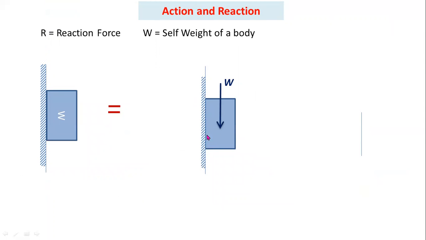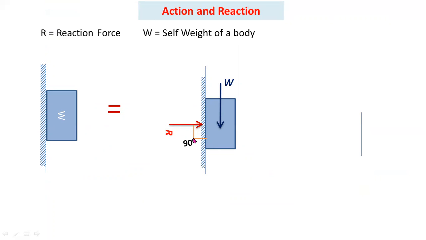At the point of contact, you have to consider a reaction force. Here there is a contact between the block and vertical wall, so you have to consider a normal reaction between the vertical wall and the block. Here the support is vertical, so you have to consider a horizontal reaction force.